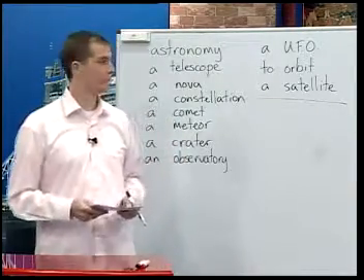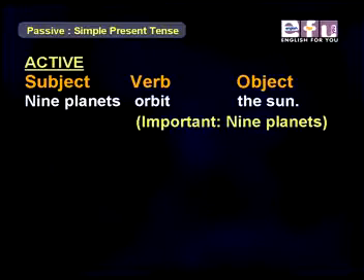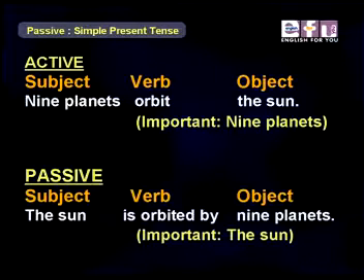Let's look at this example. 9 planets orbit the sun. Now, in this sentence, 9 planets is the important part. In the passive voice, the sun is orbited by 9 planets. So the sun is the important thing in this sentence.